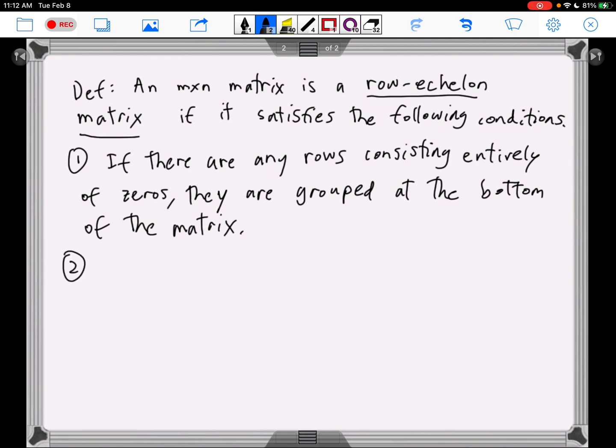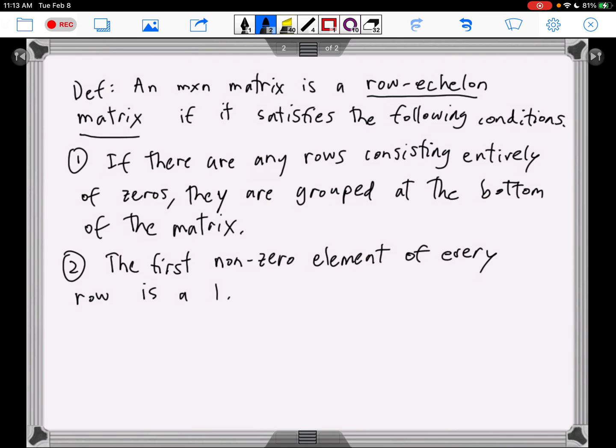Second condition, the first non-zero element of every row is a 1.